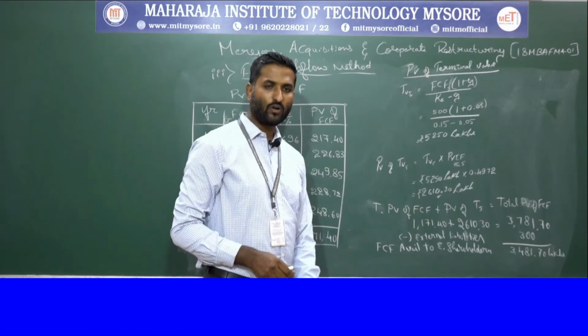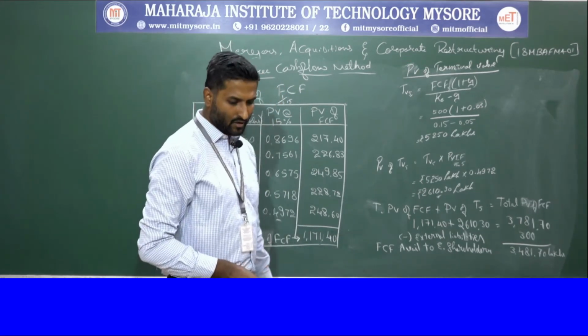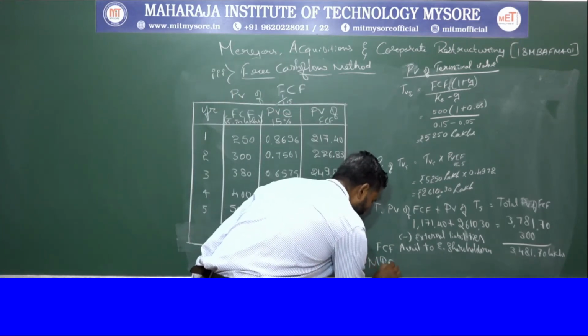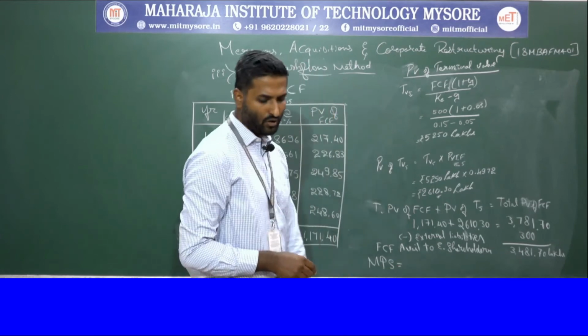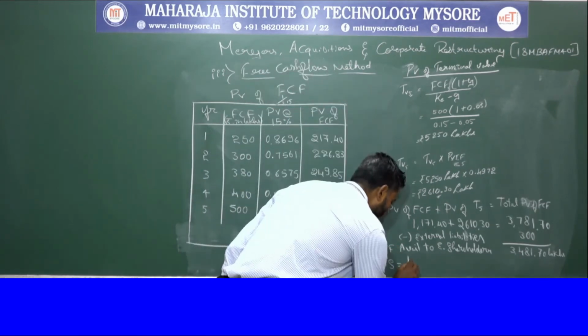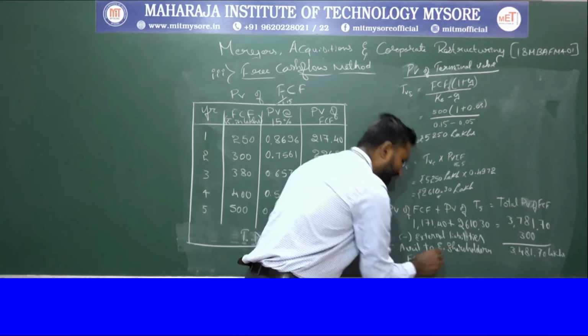Then if you want to convert this into the market value of the firm, so market price per share is equal to whatever the FCF value we got, total FCF divided by number of shares.